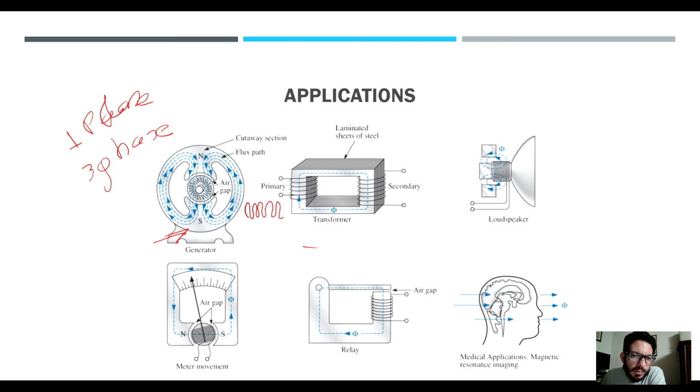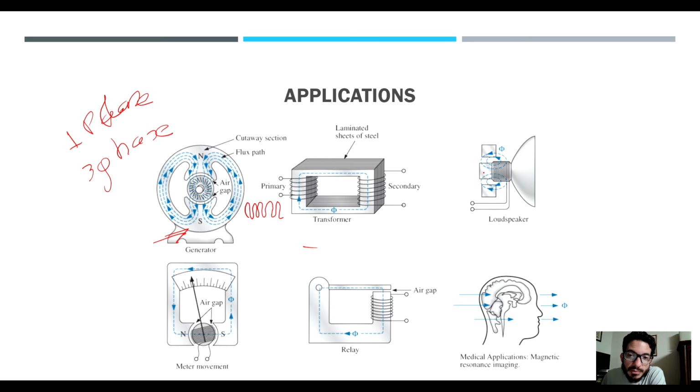And of course, transformers have the concept of magnetism built within them, where it's basically using magnetic flux density to be able to carry the electric current and to be able to step down the voltage.